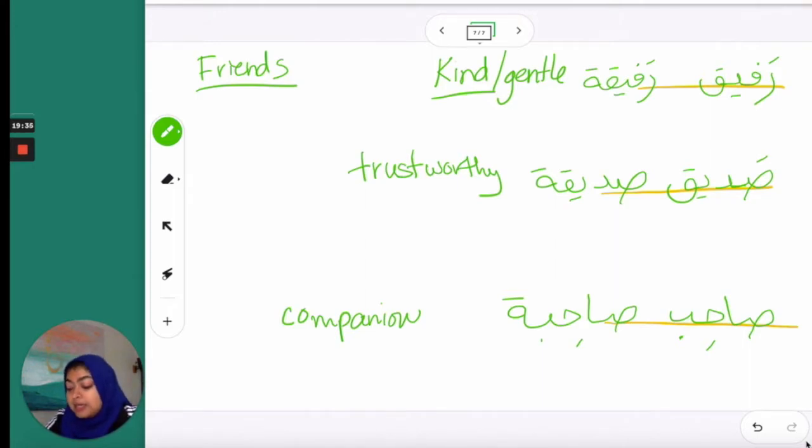Okay? So now what I want you to do for each of these, I want you to think of one friend that you have that fits that category and then mention their name. So for instance, I could say Rafiqi Ahmad. My friend Ahmad. Rafiqati Fatima. Okay, so it could be male or female, doesn't matter.